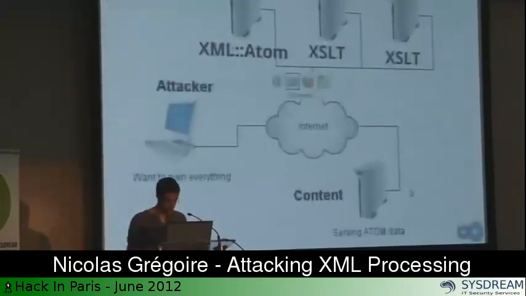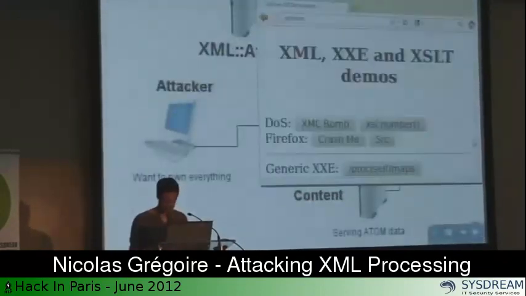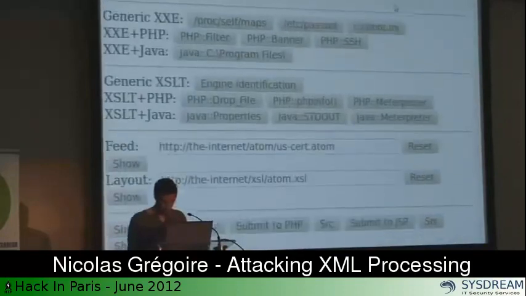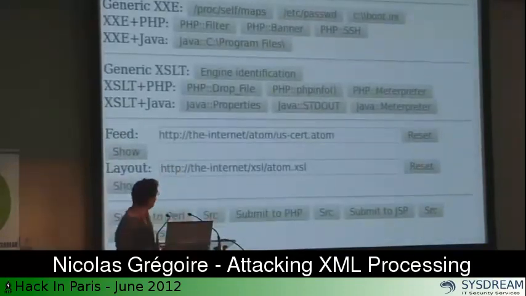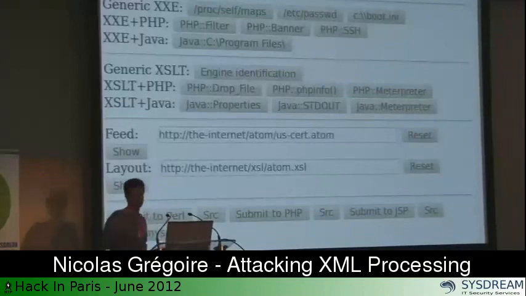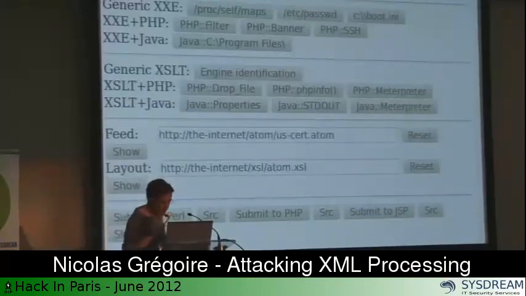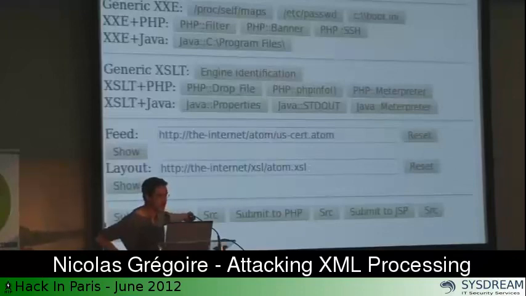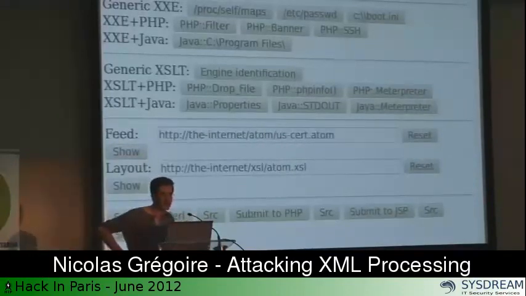Okay, I will show you that. For the moment, don't care about the lot of buttons. Here we are providing the URL of the Atom feed, which is generally hosted on the blog. And here we are providing some layout code, which will be used by the PHP and JSP application to present the content.